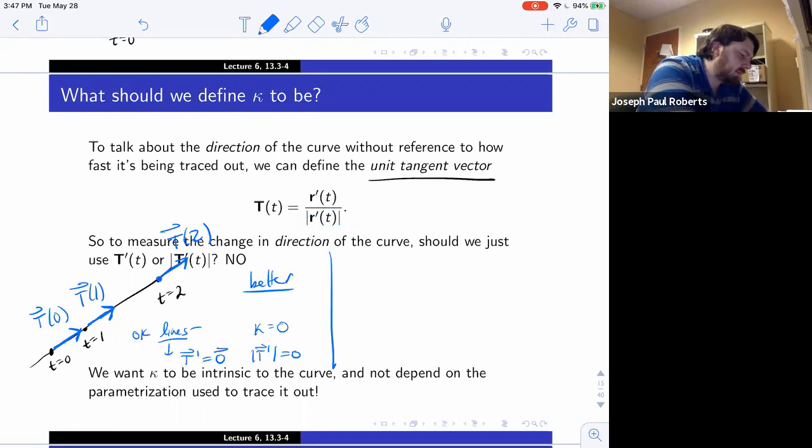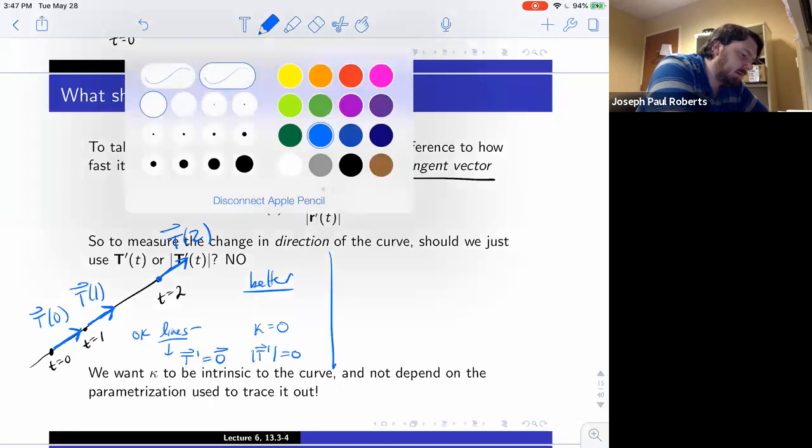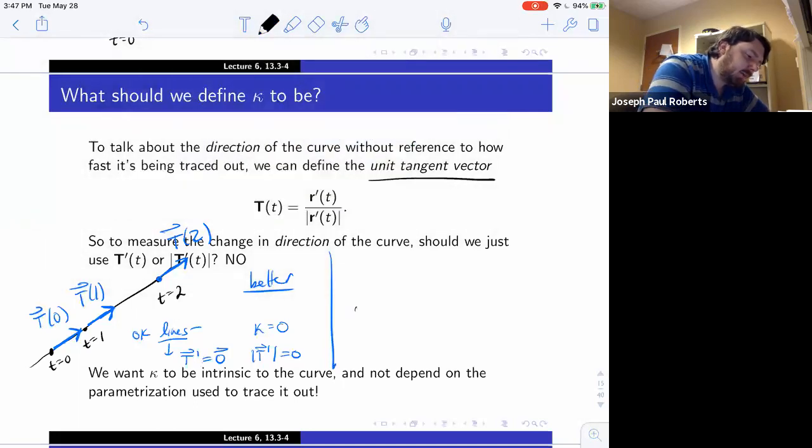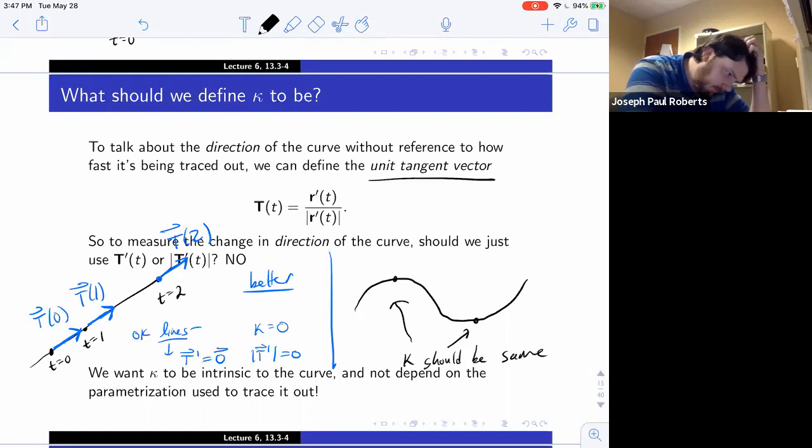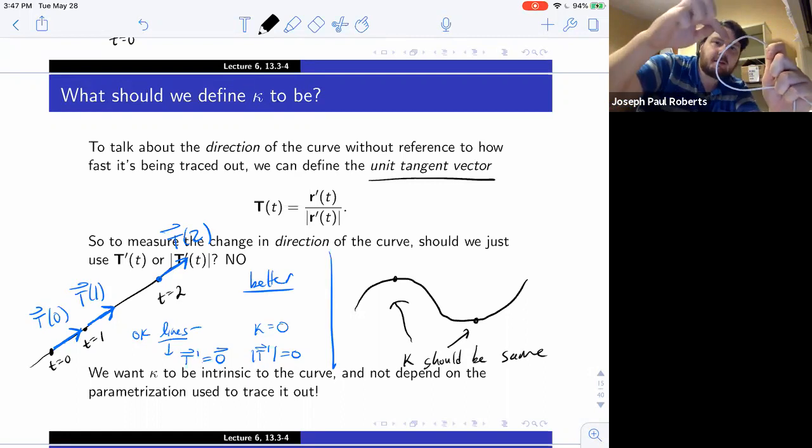But it turns out that this won't work otherwise, because let's say I have a shape that looks like this. At these 2 points, the curvature should be the same, right? Because intuitively, curvature is how curved the curve is. If I took my charging cable here, or even just looked at 2 points like this, it's about the same amount curved here as here, right?